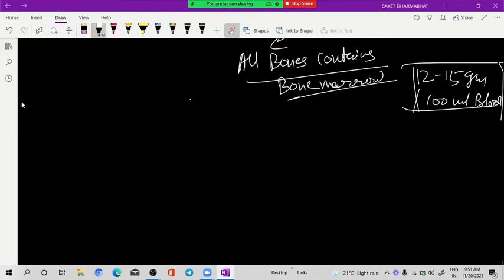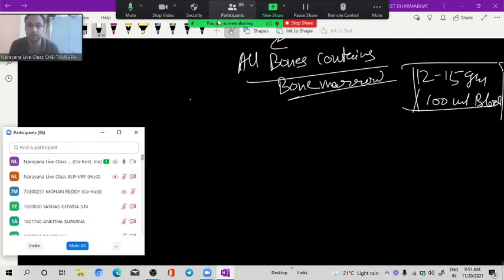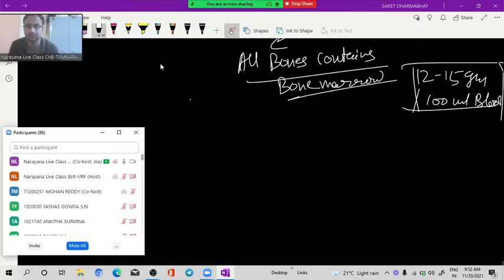Sir, if RBCs are more, then the blood volume should also be more, no? No, not like that. Actually, the RBCs are more, but their body volume is less. If their body volume is less and blood volume increases, then the baby will suffer from hypertension.